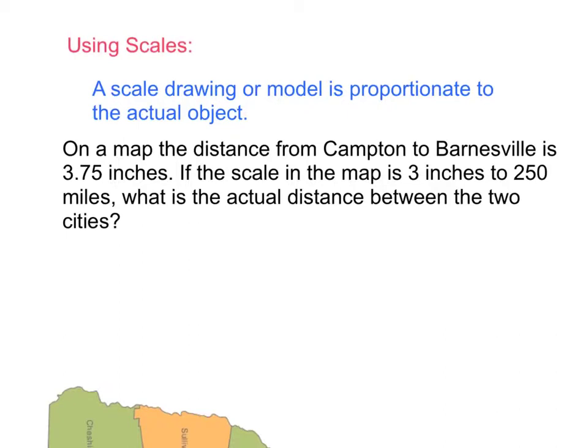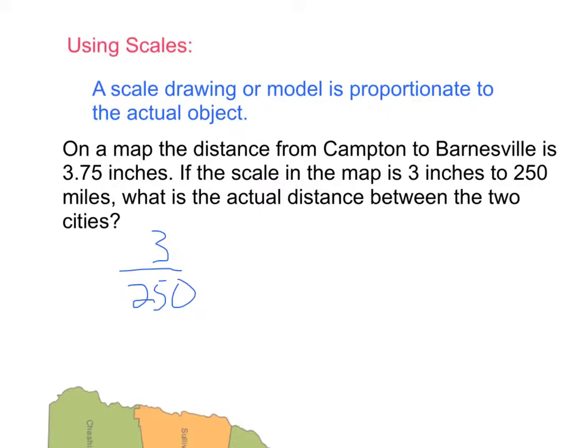The first thing I want to do is take the scale that I have and write that as a fraction. The best way to write our ratios and most useful in these cases is as a fraction. So it's 3 over 250. 3 is my model length and 250 is the actual length.